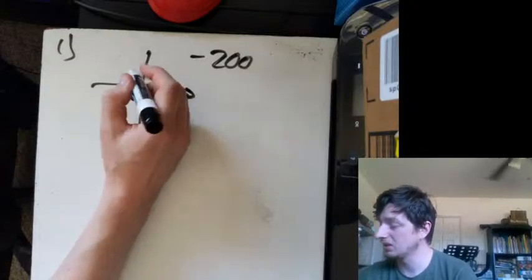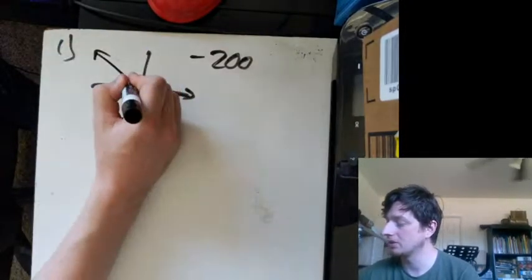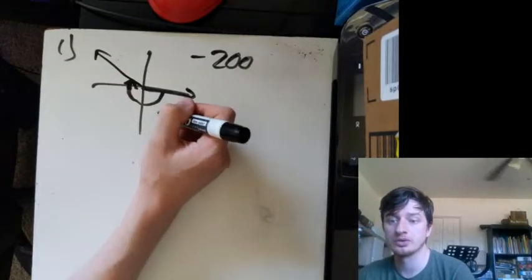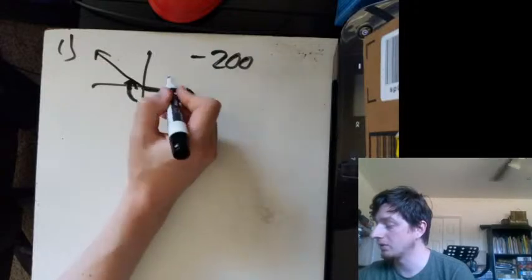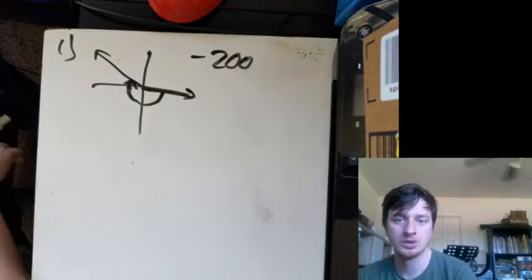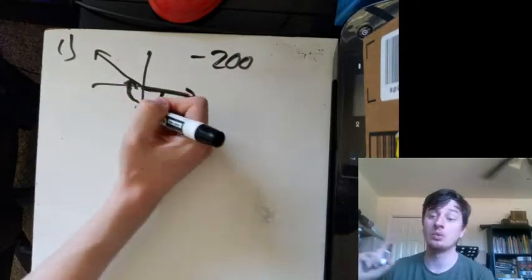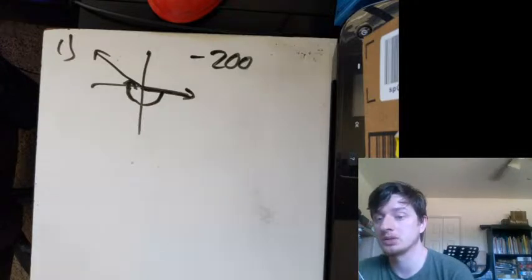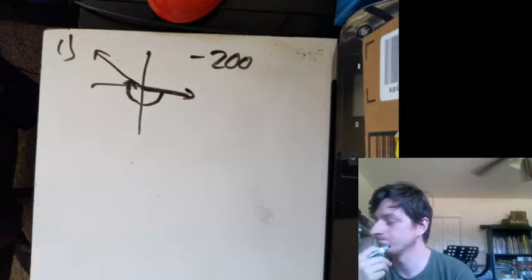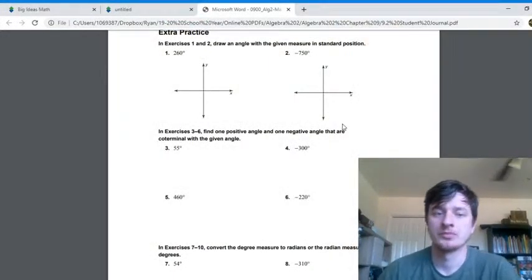And then it's a little bit more. Probably not exactly that, but it's going this way. Positive 200 would have gone past and then gone near. Okay? So negatives start down instead of going to the bottom. Positive angles are always going counterclockwise. Okay? That's number 1. Drawing some angles.